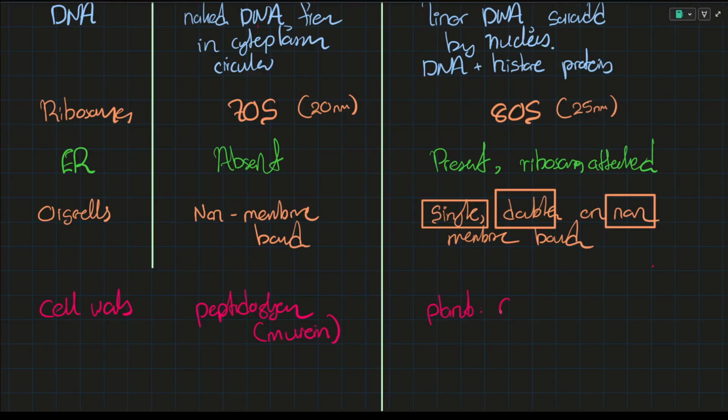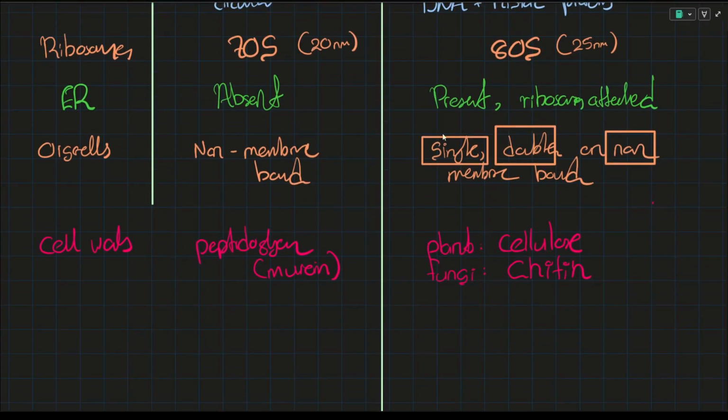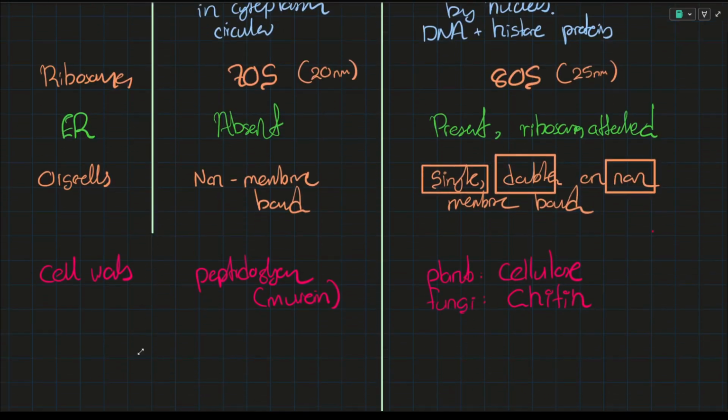They are made out of cellulose. Another eukaryote we didn't really talk about is fungi. Fungi cell walls are made out of this thing known as chitin. And since we're talking about cell walls and how things go, I'm writing that next to that too.